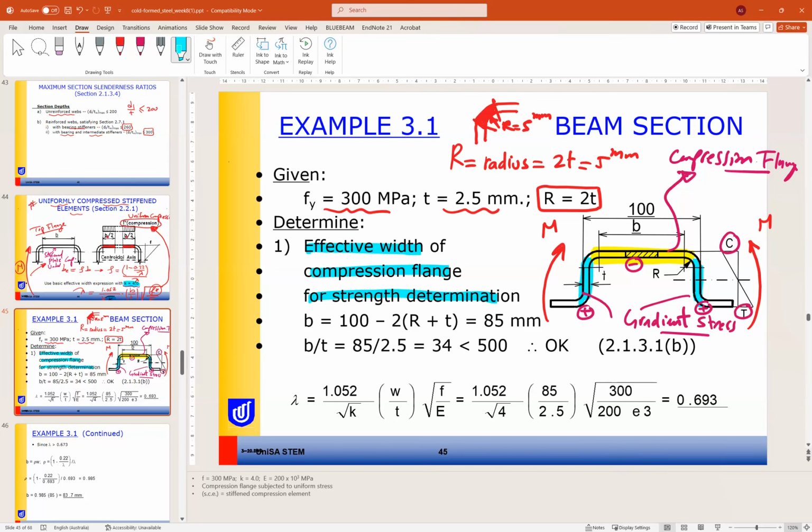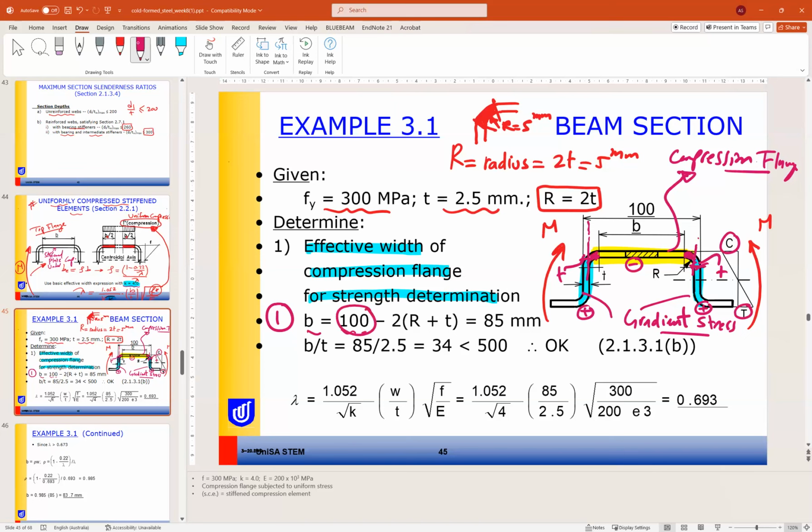Okay, so our first step will be to find b. How much is b in this case? b will be 100, the total width which is given to us, minus 2 times r plus t. So we have t from left, t from right, then we have 2r.